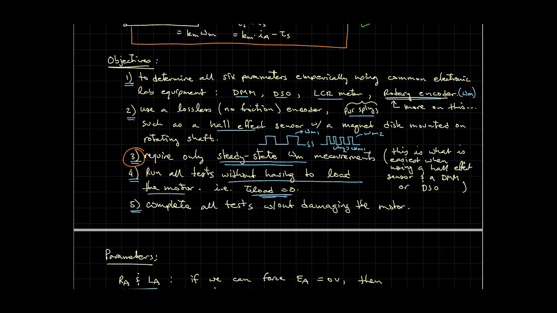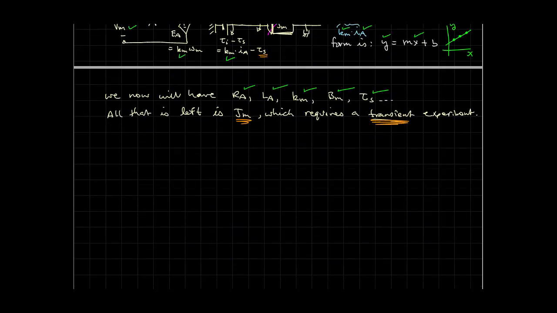So this is going to be a challenge, because if we're going to be watching the motor spin up or spin down, then how can we observe the angular frequency of the motor without directly measuring omega m? Not that we can't measure it, we can measure it, but only in steady state. And here we're going to have to measure an omega m that changes in time.